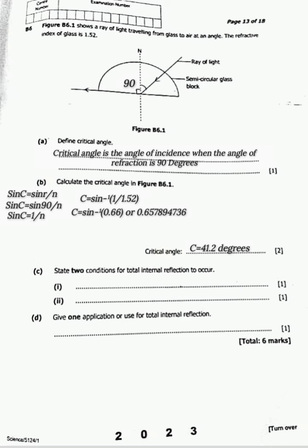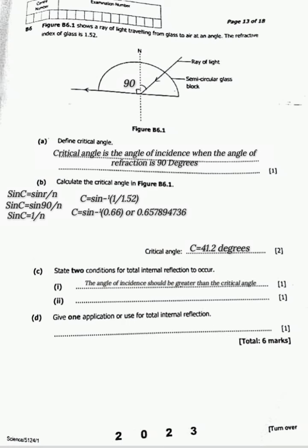So question C reads, state 2 conditions for total internal reflection to occur. So now, what you need to understand is that for total internal reflection to occur, the angle of incidence should be greater than the critical angle. So here I'm saying the angle of incidence should be greater than the critical angle.